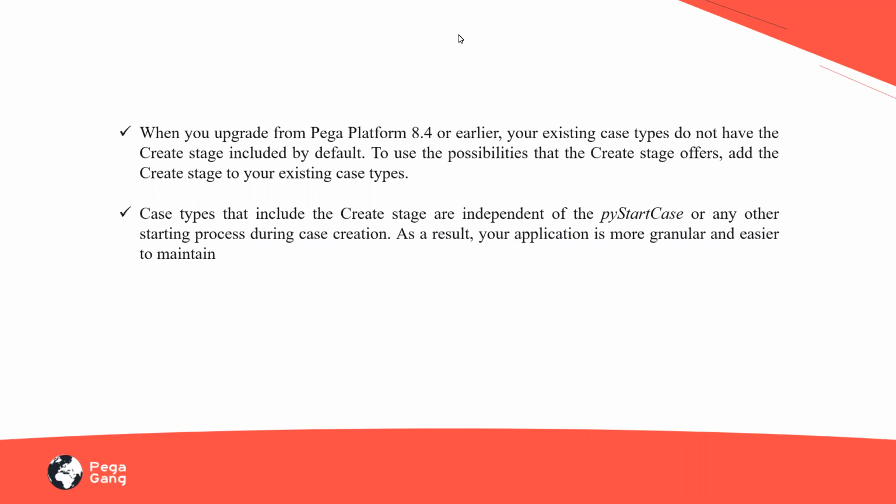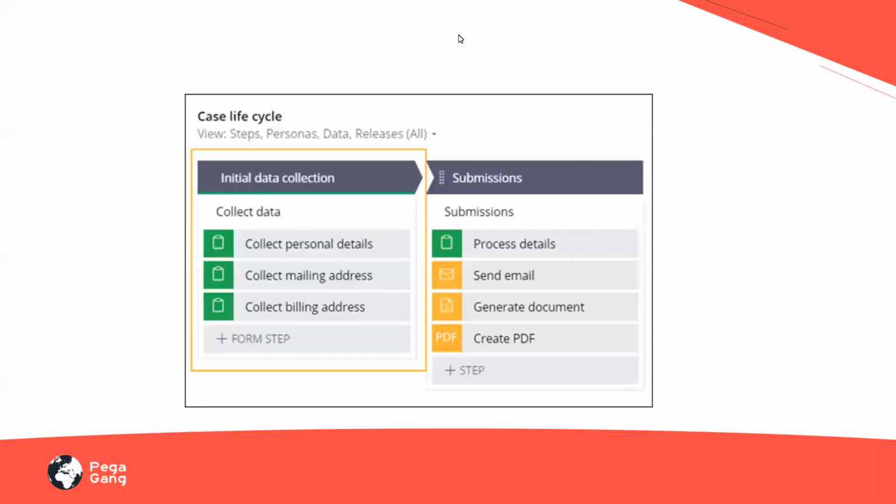And when it comes to flexibility, when we define the content of the create stage, we can use both single screens or multi-step forms to capture the initial data. So I still have that flexibility.